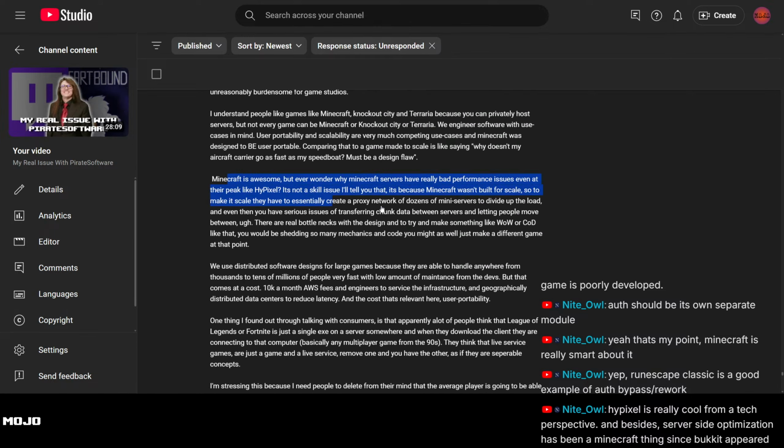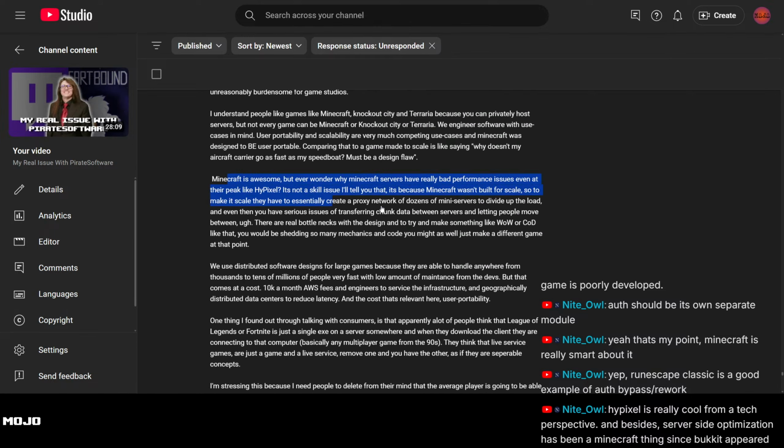One thing I found through talking with consumers is that apparently a lot of people think that League of Legends or Fortnite is just a single exe on a server somewhere, and when they download the client, they are connecting to that computer. They think that live service games are just a game and a live service. Remove one and you have the other, as if they are separable concepts.